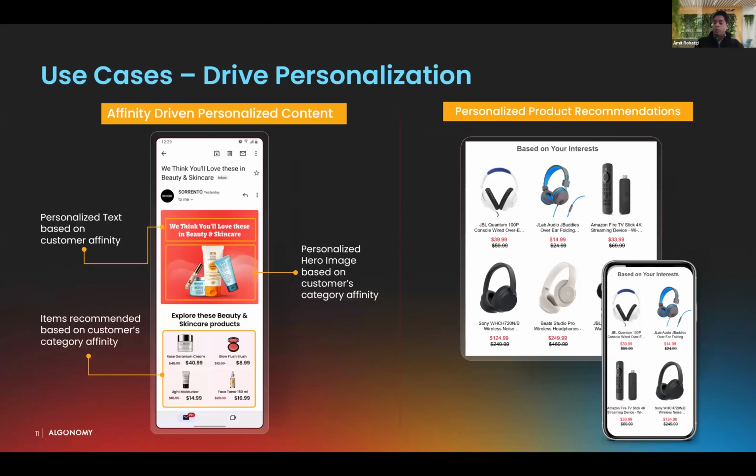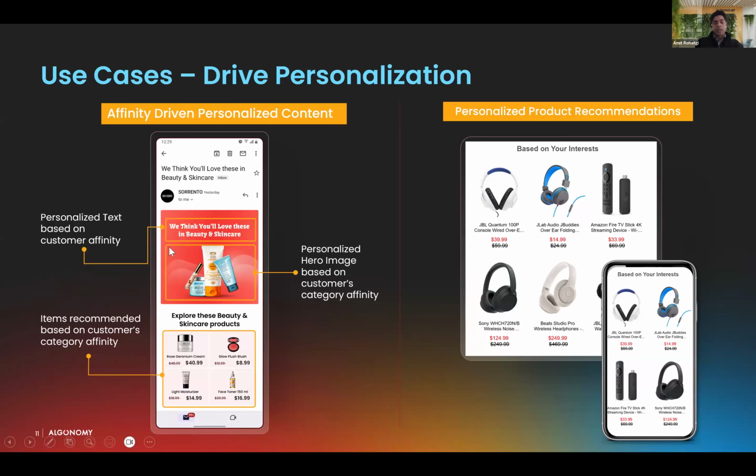A lot of our customers have been using active content to drive personalization across marketing. Some of the examples include creating complete experiences within the email where every element is essentially dynamic and personalized. For example, it could be an affinity based experience where the hero banner, the copy and the recommendations are all based on the customer's affinity towards a category, and all the elements within the email are personalized for that.